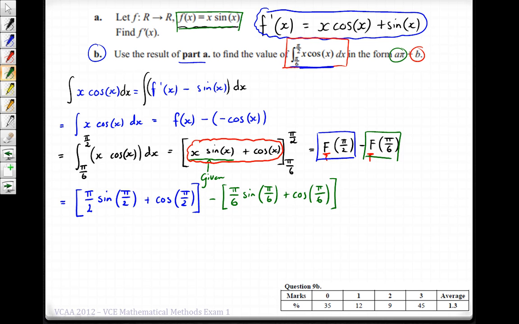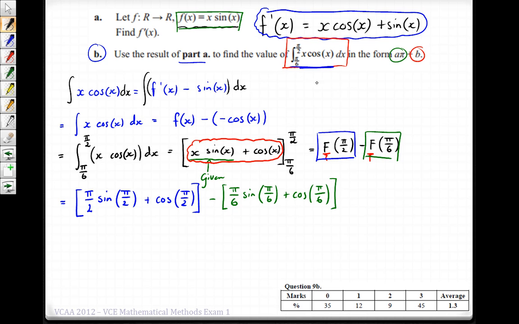Alright, so now it's just a matter of finding the exact values of our sine and cos ones. So for the pi on 2 case, that's 90 degrees, or a quarter into our period on the function.